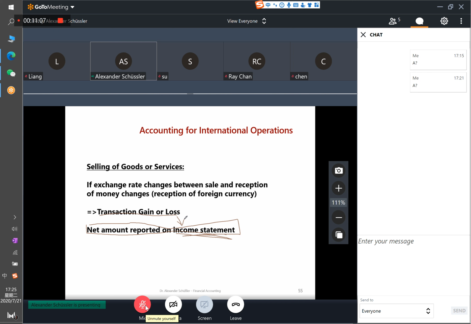So transaction gain and loss is on the income statement. This is when you sell something and the price is denominated in a foreign currency, and then the exchange rate changes between the selling and the reception of the money. So it's the net amount reported on the income statement, not the consolidation worksheet.